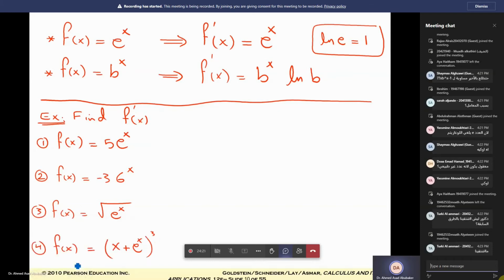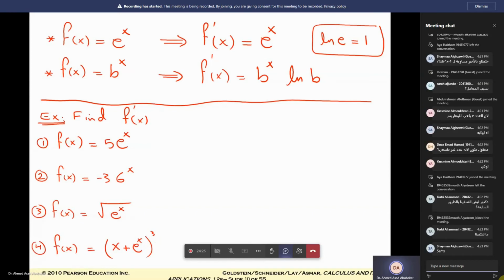We need to find the first derivative of the four exercises.